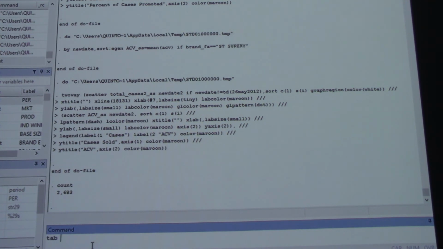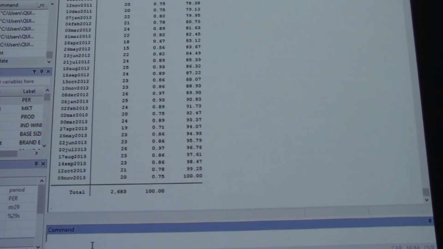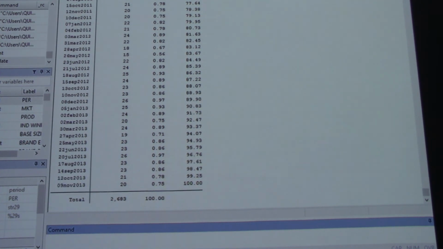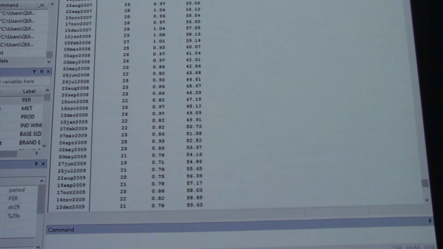So if we tab date, we've really got multiple observations per date. And we really should only have one observation. There's only one total cases sold, and only one price, so there should really only be one observation.